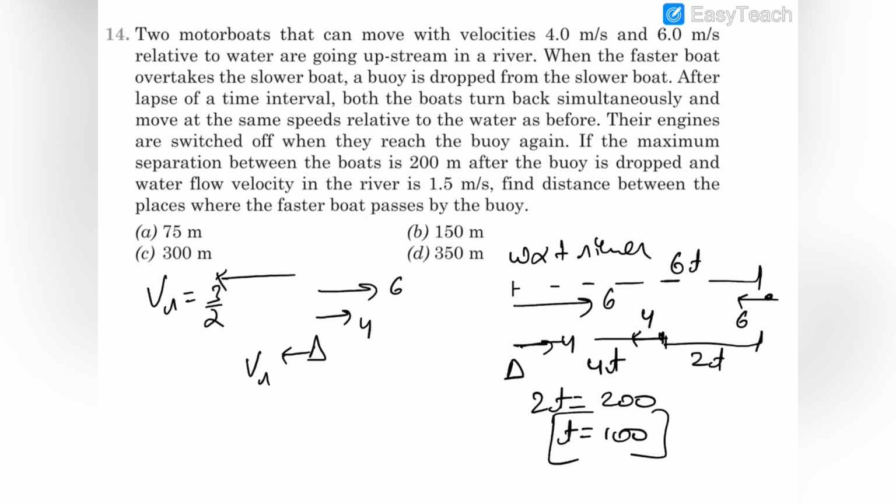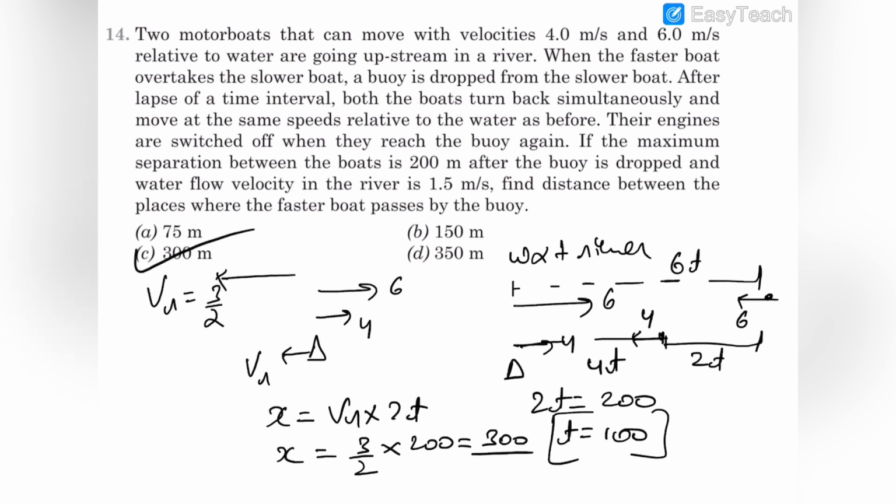So the anchor, while floating with the velocity of the river, would have moved by a distance of Vr into 2t. So x will be equal to Vr, which is 3 by 2, times 2t, which is 200. So x is equal to 300. So the distance the anchor will move in this 2t time will be 300. So the correct answer is C. Now we move on to the next question.